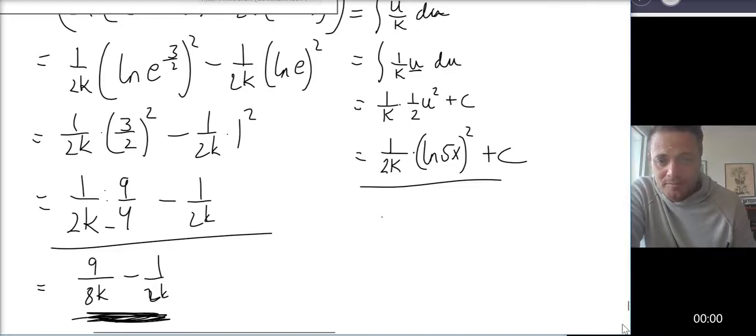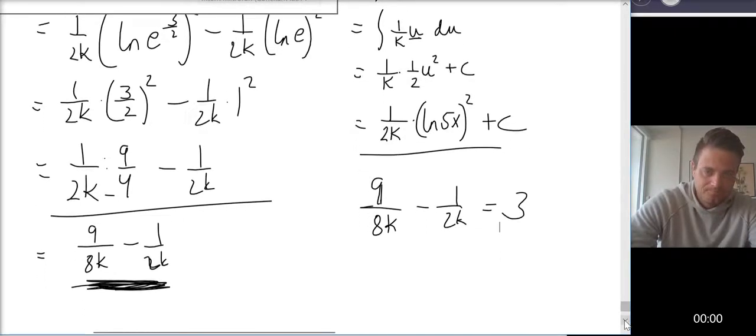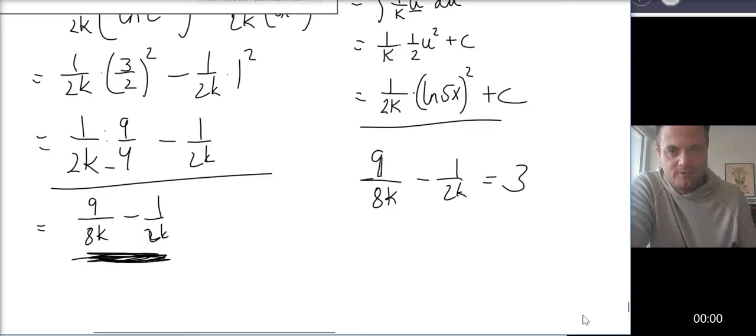But if you remember, the task was to find k such that the area, this is the area, right? And the area should be equal to 3. We have to solve this equation here. And we have an equation with fractions. We don't like fractions in equations, so I just multiply by a common denominator here, and the common denominator is 8k.